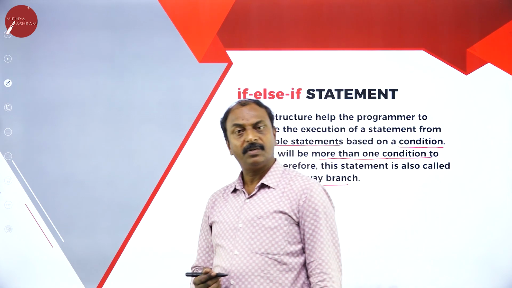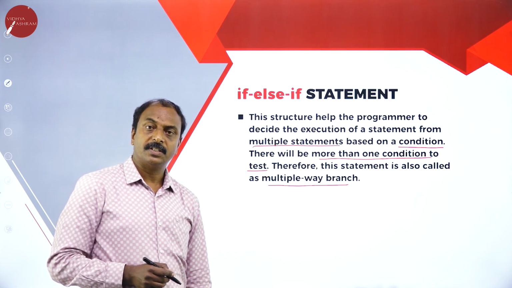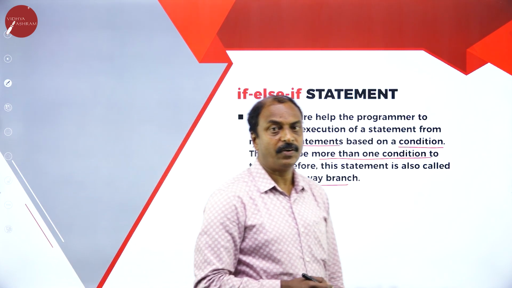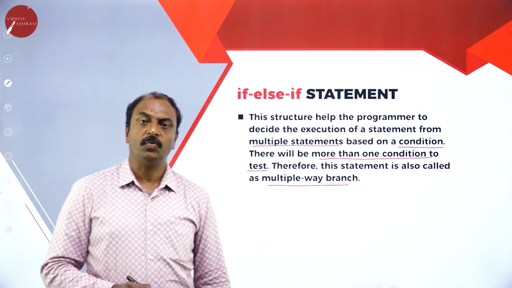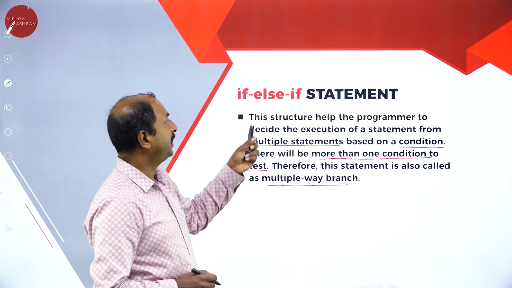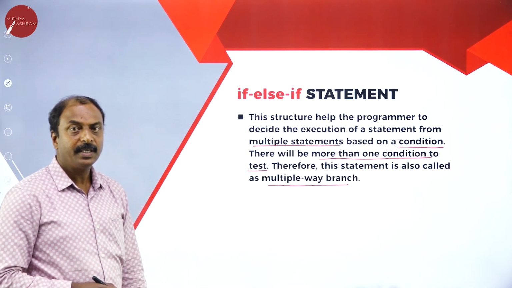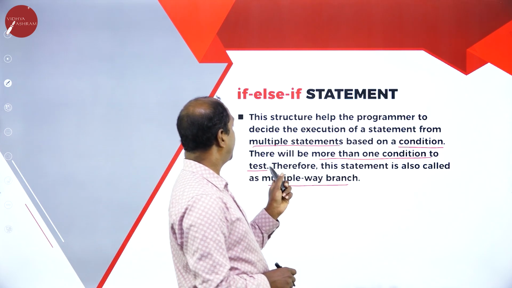If you remember, in the previous session we discussed if and if else. In both the if and if else constructs, we used to give only one condition. But here there is an option for the programmer to work with more than one condition.